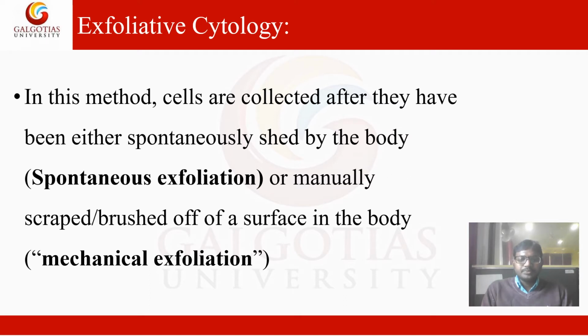In exfoliative cytology, cells are collected after they have either been spontaneously shed by the body, which is spontaneous exfoliation, or manually scraped or brushed off the surface of the body, which is called mechanical exfoliation. So under exfoliative cytology we have two sampling techniques: spontaneous exfoliation and mechanical exfoliation.